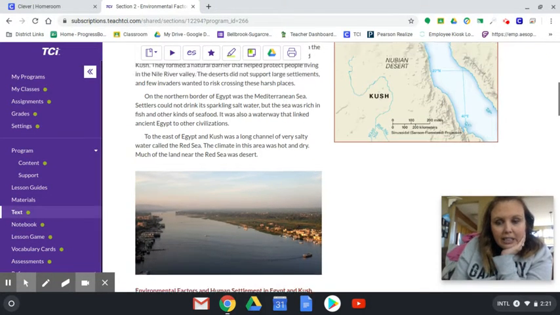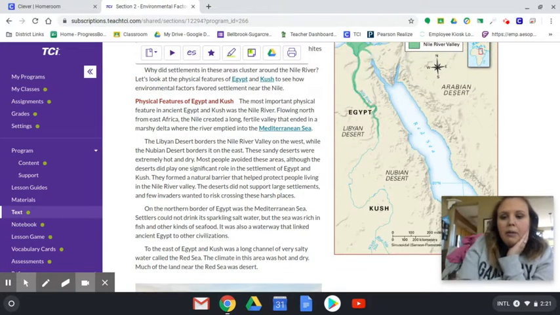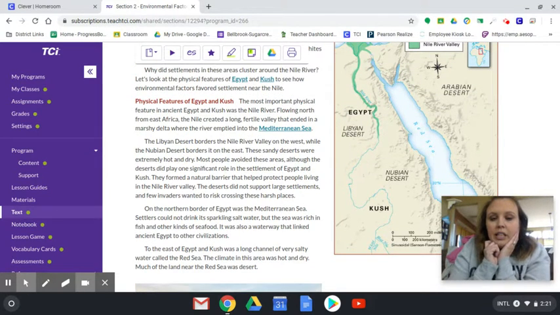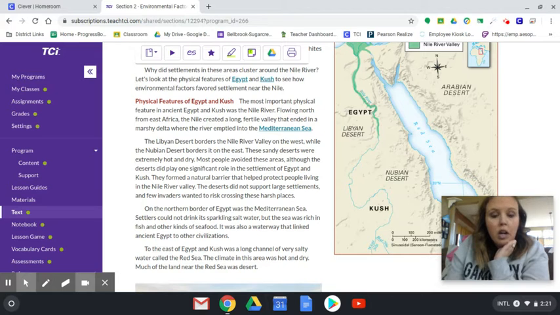The big thing is looking at the deserts. Obviously, Egypt is surrounded by deserts. You can see Egypt has the Libyan on the left and the Nubian on the right. Plus, you have access to the Nile River, which is your freshwater resource, and the Mediterranean Sea, which is your saltwater resource. That was super helpful to the Egyptian people.